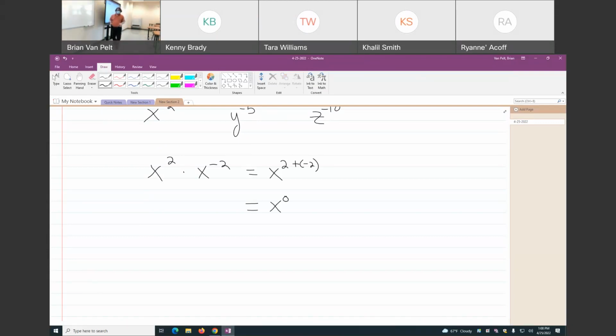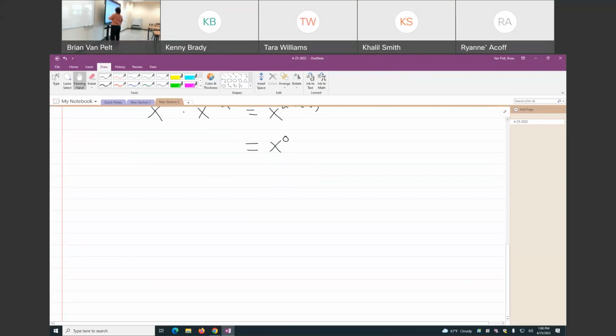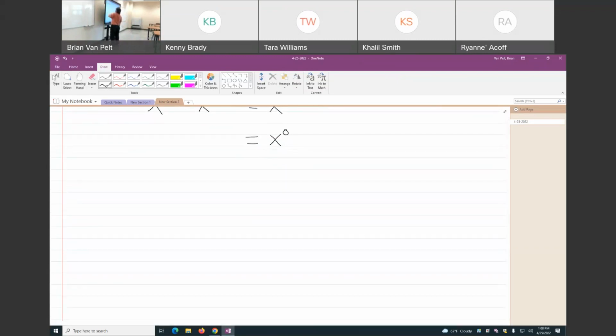So we have to talk about raising things to the 0 power before I can do the negatives, is all I'm saying. So we have to figure out what that thing is. But let's do, I don't know if I'm going to establish that one first or not.